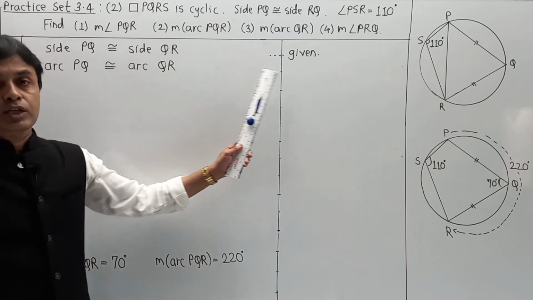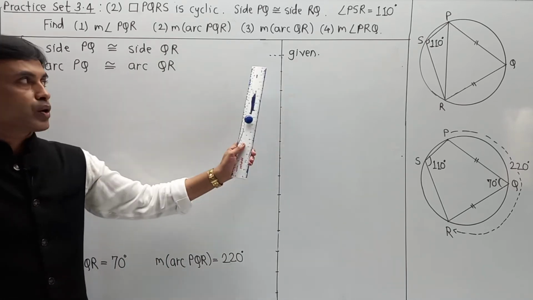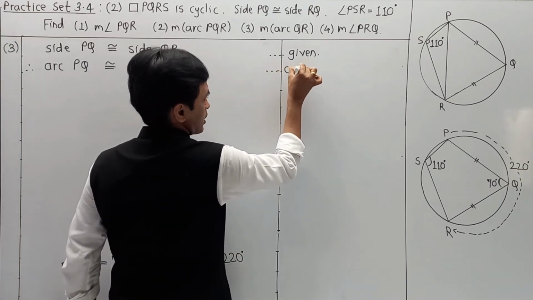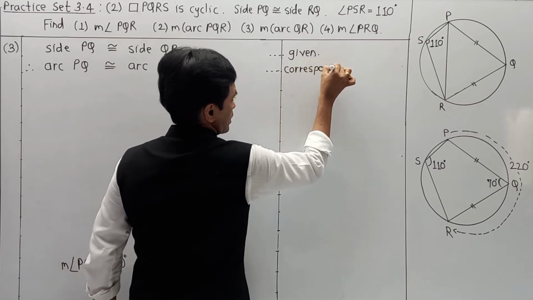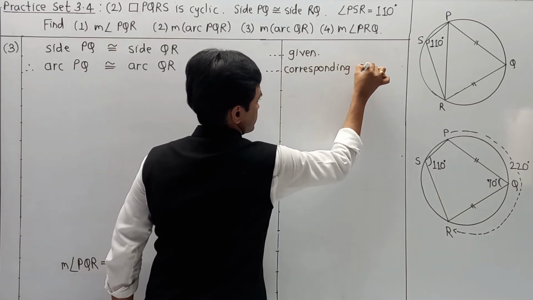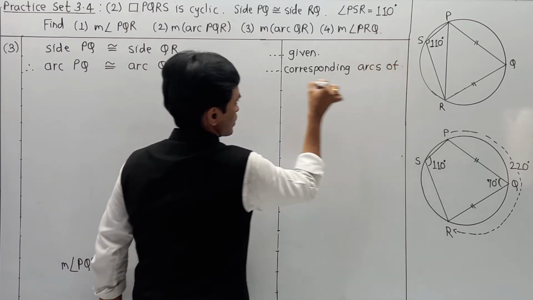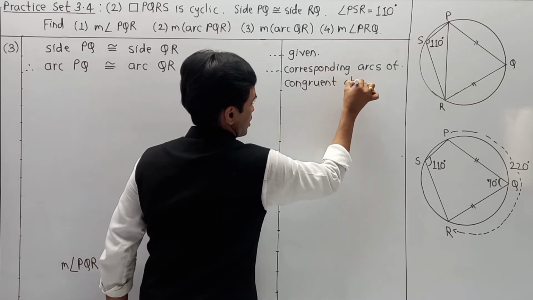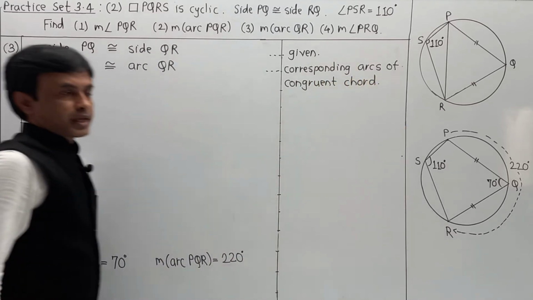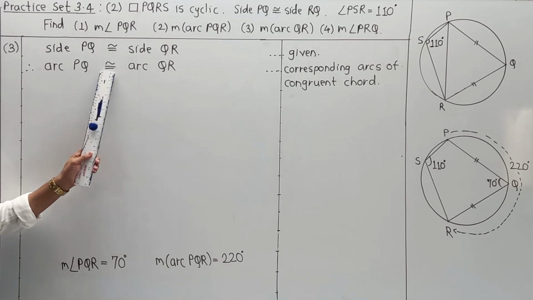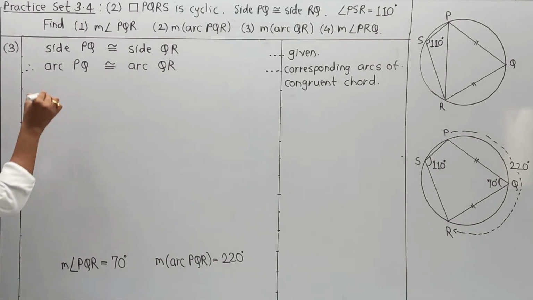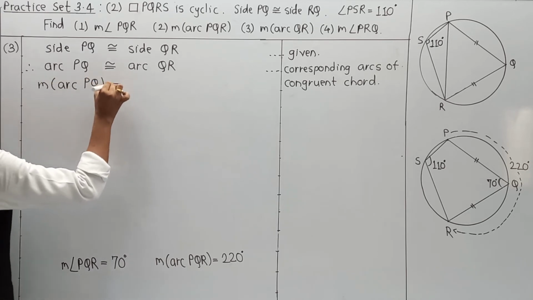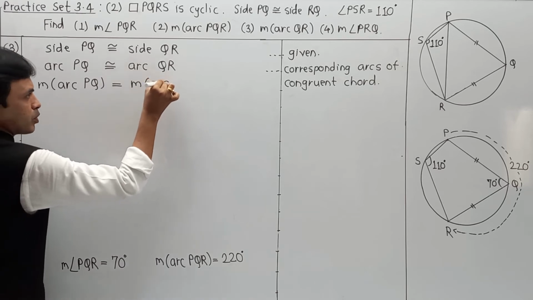You can say corresponding arcs of congruent chord. Now we can also write, removing congruent and representing as equal to, therefore we can have major arc PQ is equal to major arc QR.